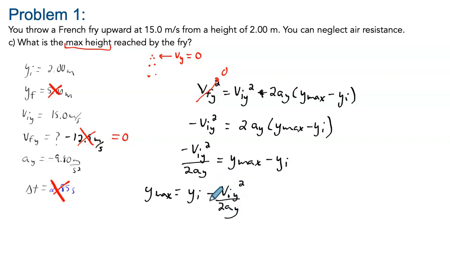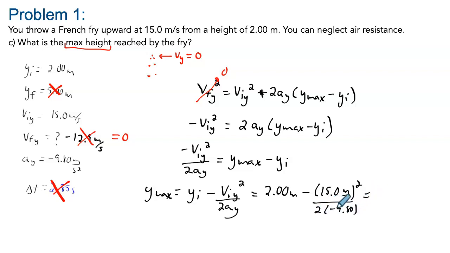You might be scared by this minus sign in here, but remember that the ay is actually a negative number. So when we plug everything in here, we'll get 2 meters minus 15 meters per second squared divided by 2 times minus 9.80.